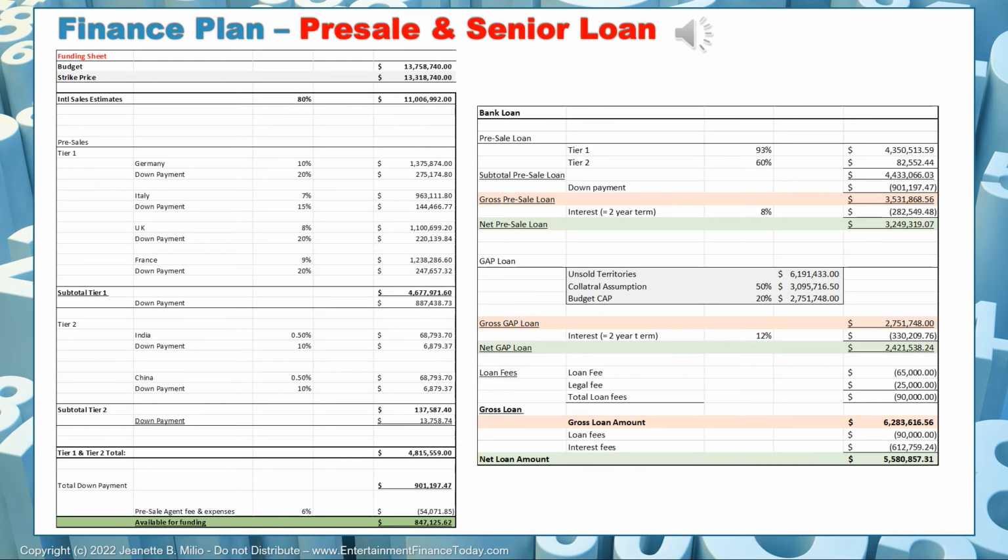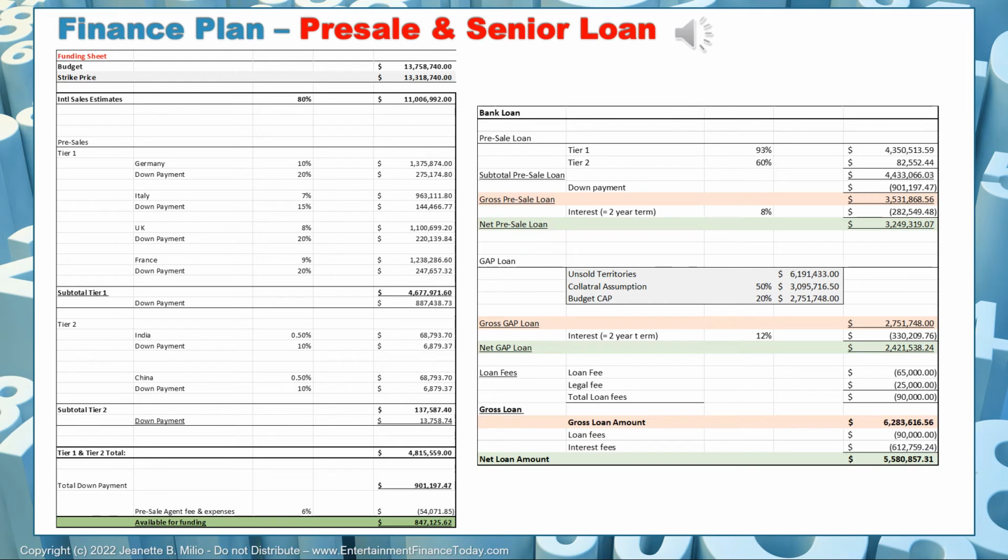In the next step, we are doing our pre-sale loan. And here we're looking at the Tier 1 and Tier 2 territory, both of which are discounted when the bank gives us a loan for those pre-sale contracts. Tier 1 territories will be 93%, and Tier 2 territories will be 60% of what we would be receiving from the bank as a loan.